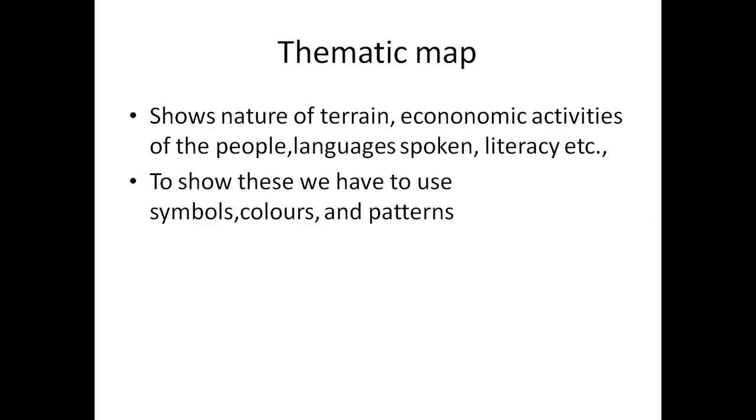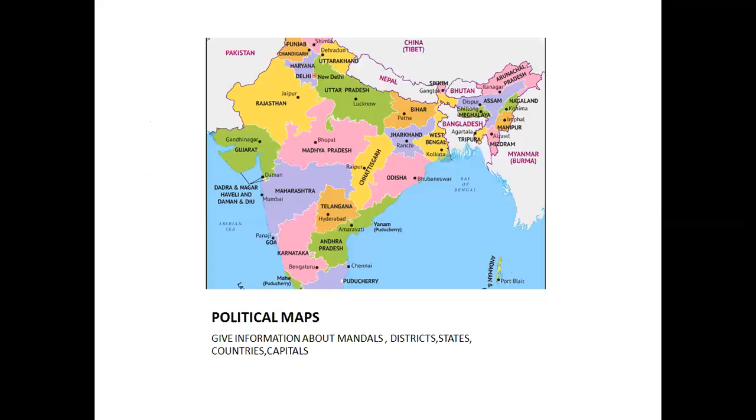Compare maps showing water resources, rainfall, groundwater, and rivers. Based on this comparison, we can decide what is the best way to make drinking water available to all the people of the region.